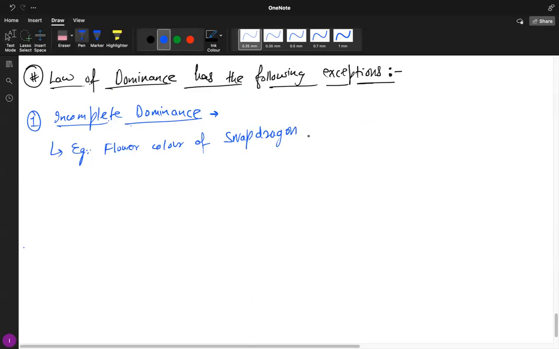What is the scientific name of the Snapdragon plant? Antirrhinum, right? Yes, sir. Can you spell it? A-N-T-I-R-R-H-I-N-U-M. Yeah, Antirrhinum. Great. So the flower color of Antirrhinum had two alleles for the gene.